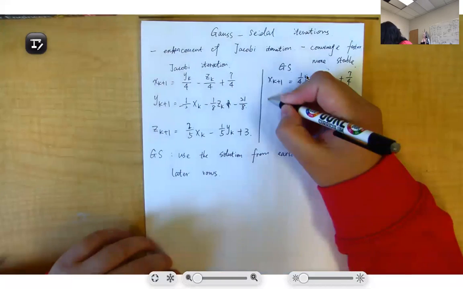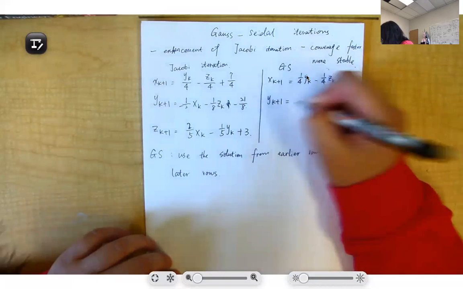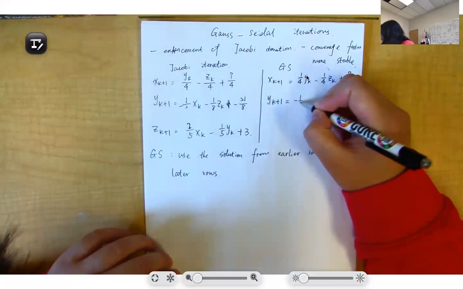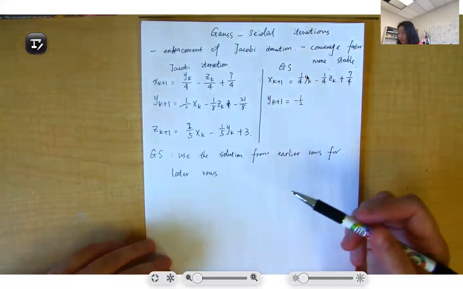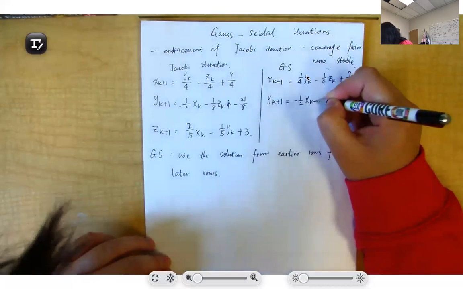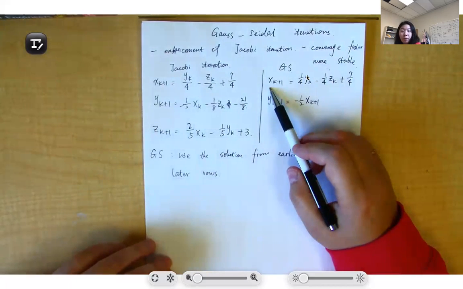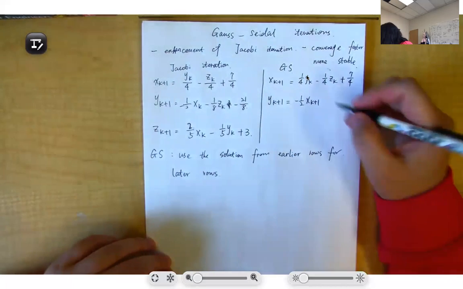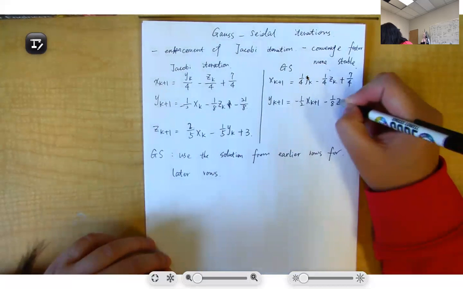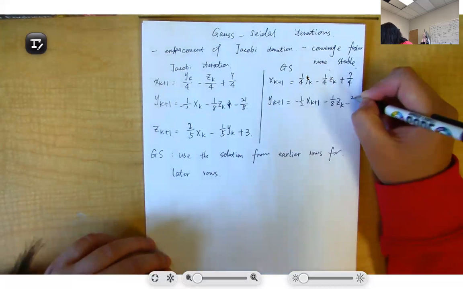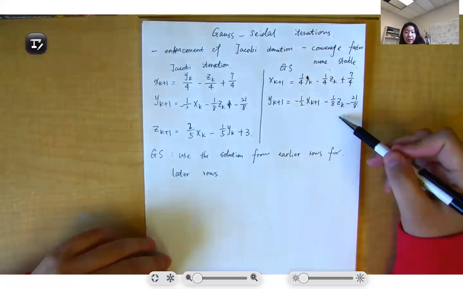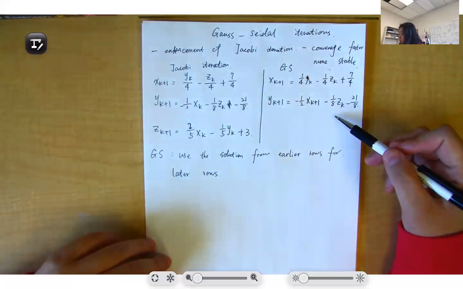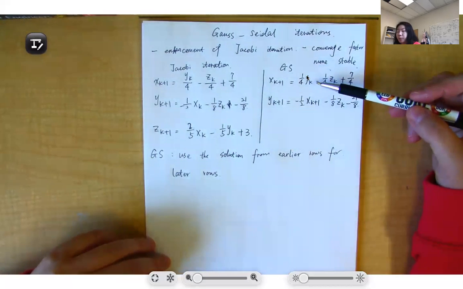The next one, y_{k+1}, equals negative half of x_{k+1}, instead of x_k, because x_{k+1} is already solved from the previous row. Then we minus 1 over 8 z_k minus 21 divided by 8. Why is z_k not updated? Because there is no previous row solved for z_k.